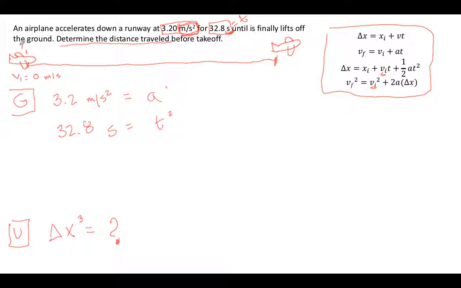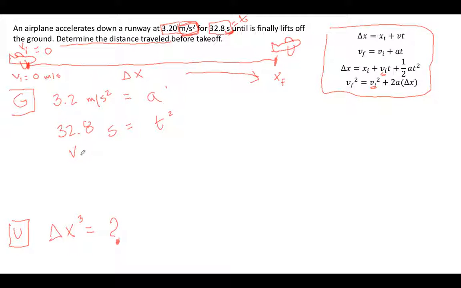From this picture, I can say that that's x initial and that's x final. And the distance between them is delta x. And so I can say that delta x is equal to x final because x initial is 0. In other words, we're starting at 0, and then we're counting how many meters it takes for the plane to travel before it lifts off.